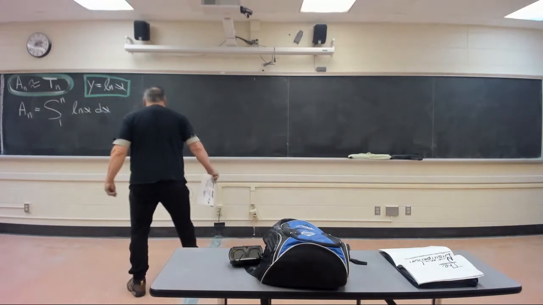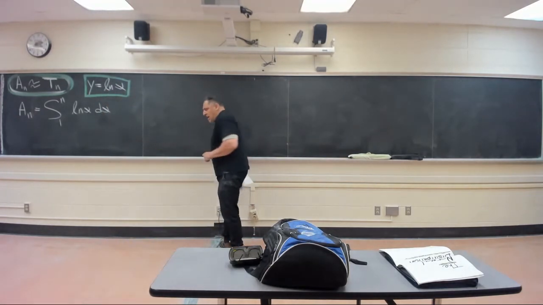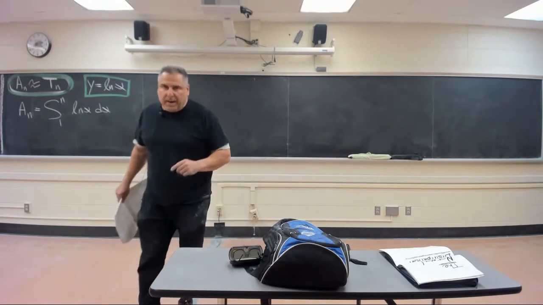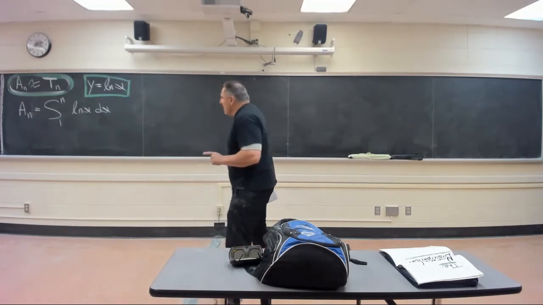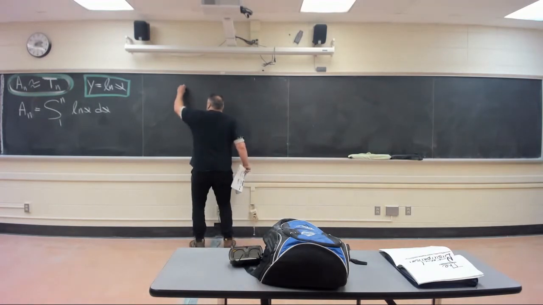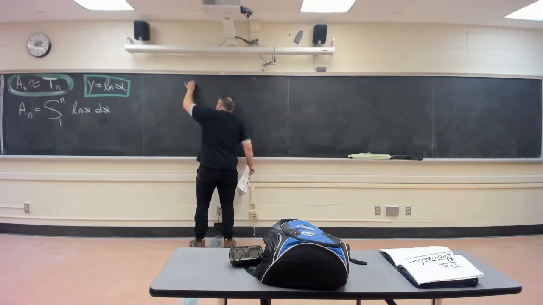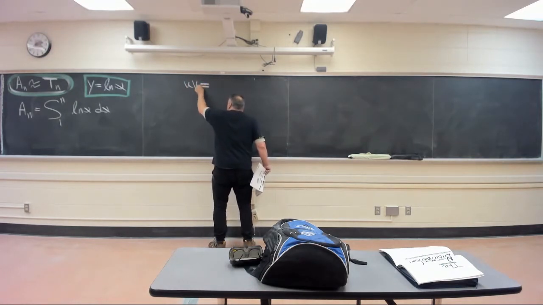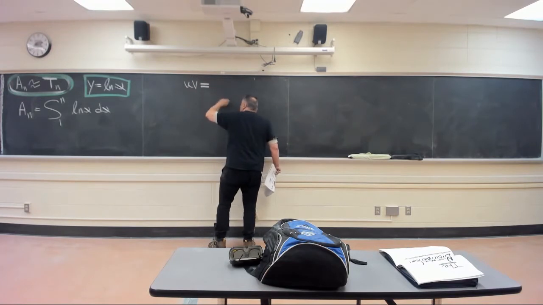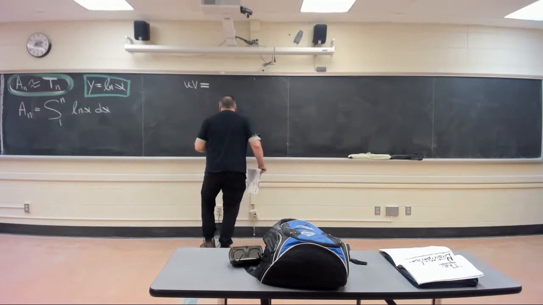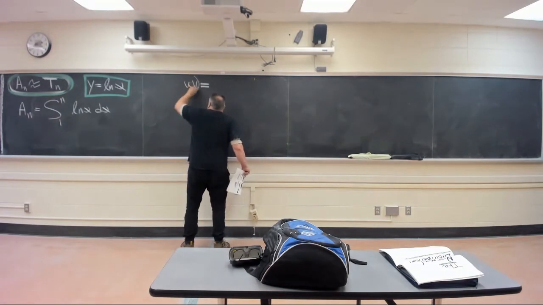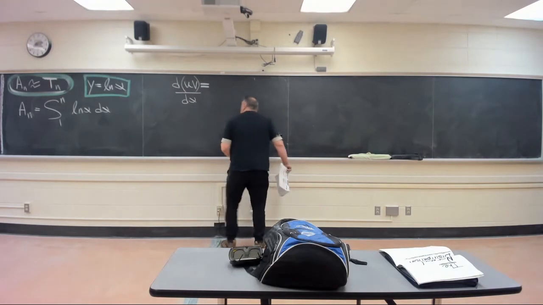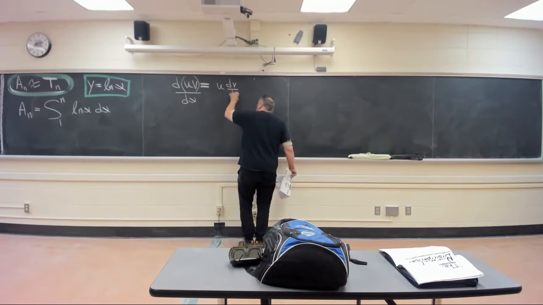Interesting. Remember, we talked about this with Wallis's formula. When we did Wallis's formula, we talked about u being a function of x, v being a function of x. The product of two functions of x, their first derivative by the product rule, and we've been there.